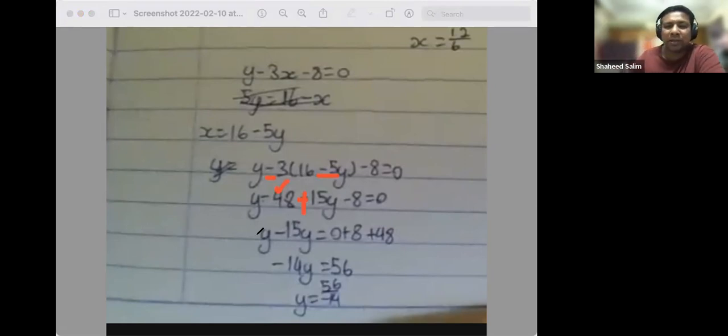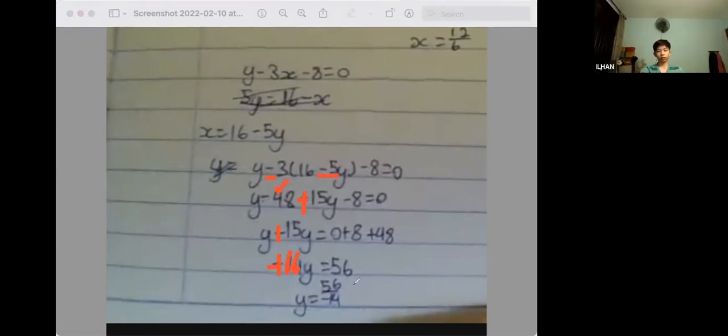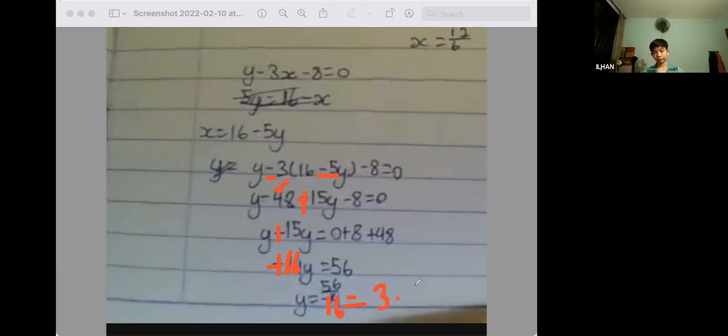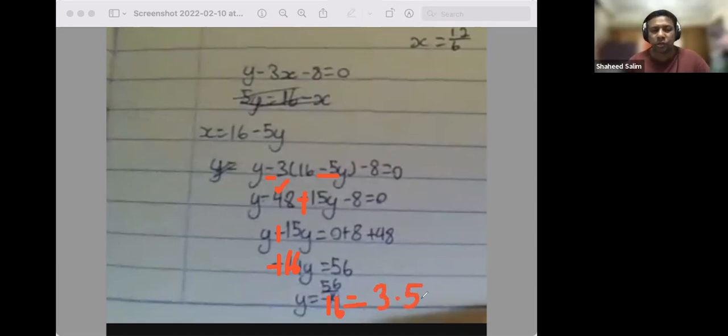So now it's supposed to be y plus 15y is 16y positive. Almost, you get it. So divide by 16. What's your answer? Use calculator. 56 divided by 16 is 3.5. Yes, 3.5. Now you substitute 3.5 into down here and find out what's the value of x.